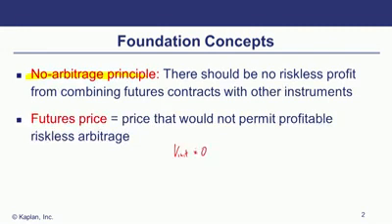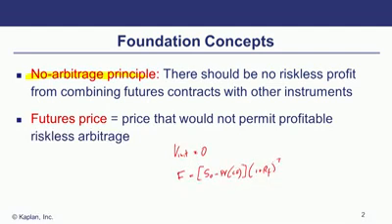So we saw a cost of carry formula previously in the forward reading, that simply said the forward price is the spot price today minus the present value of any cash flows, such as dividends or coupons, compounded at the risk-free rate to maturity.